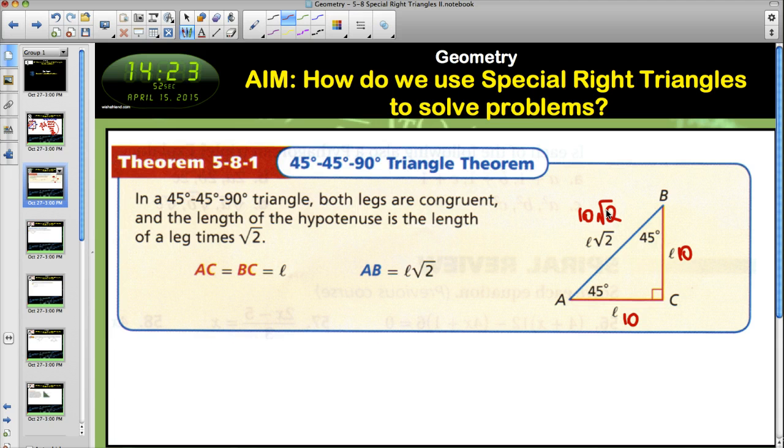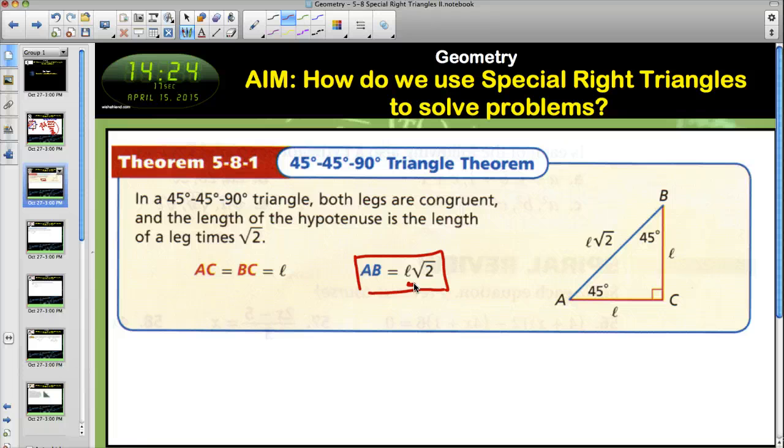So what the theorem is saying is the length of the hypotenuse is always going to be equal to whatever the legs are times radical 2. As we just proved in the previous example, the length of the hypotenuse is always equal to whatever measure the leg is, times the square root of 2.